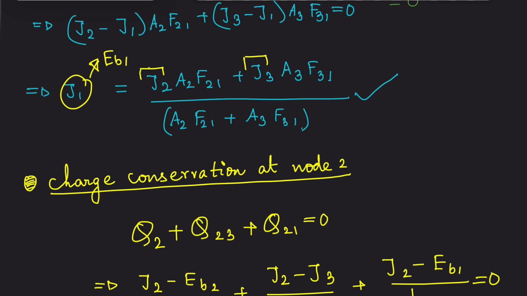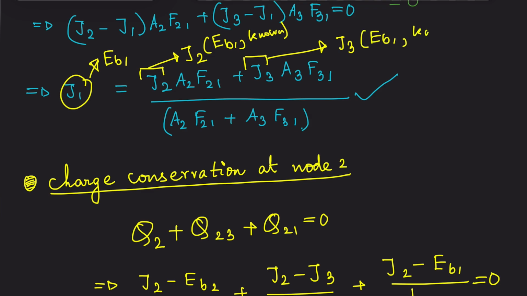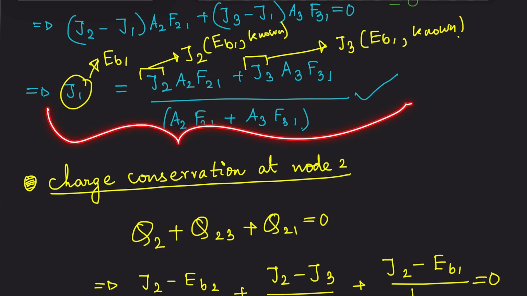So if I put here a function that is only containing EB1 and some known, and here also a function that is containing only EB1 and some known, then I have converted successfully this equation into an equation which is containing only EB1 as unknown and all the things are known. Then I am done with the solution.